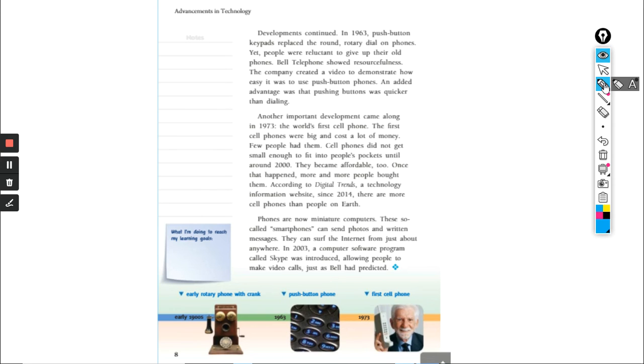Right here, this sentence, they became affordable too. Once that happened, more and more people bought them. So this is telling me what is happening. So more and more people are buying those cell phones. So I had the question of, why were more and more people buying them? Well, if we took a look, it said cell phones did not get small enough to fit into people's pockets until around 2000.